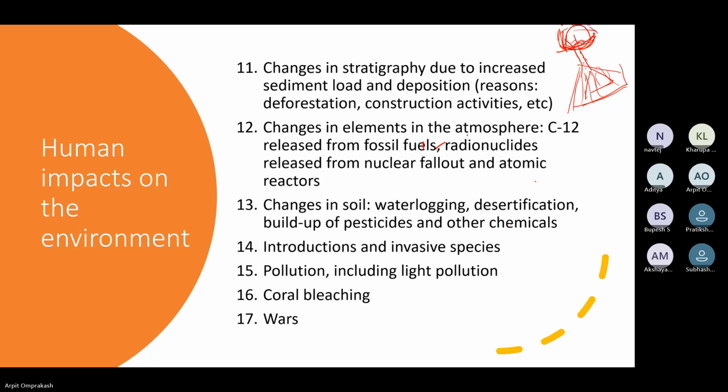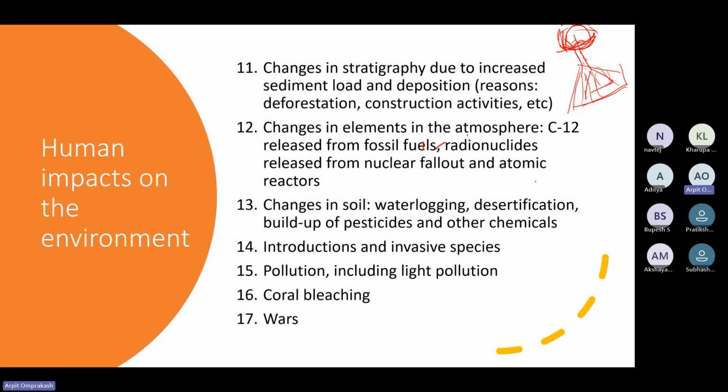Other things, such as changes in elements in the atmosphere released from fossil fuels and radionuclear fallout, lead to radionuclides that then feed into the ecosystem. Let's say you have some radioactive waste that gets mixed in the soil.